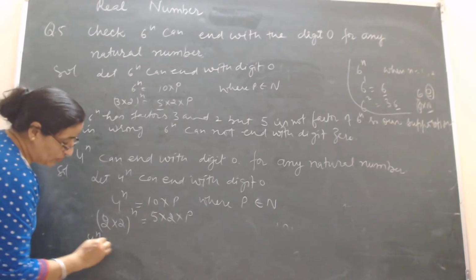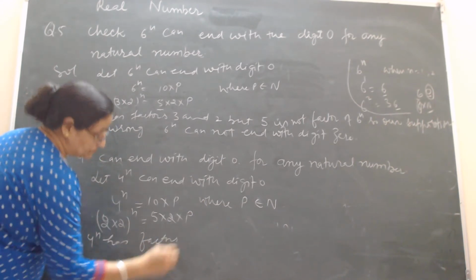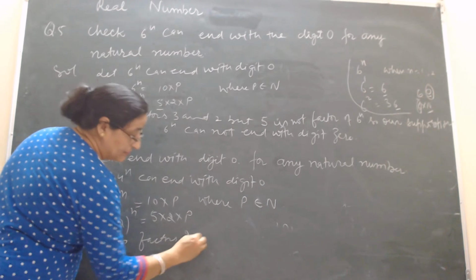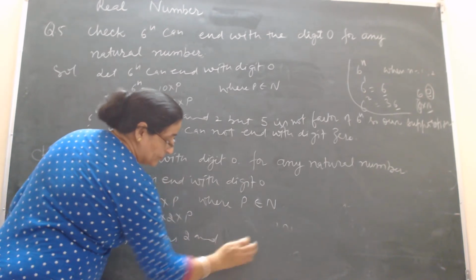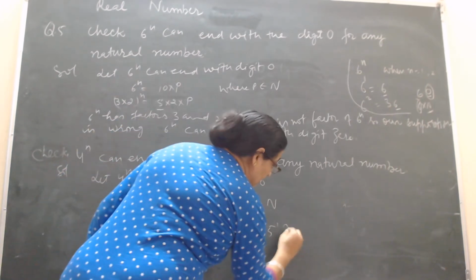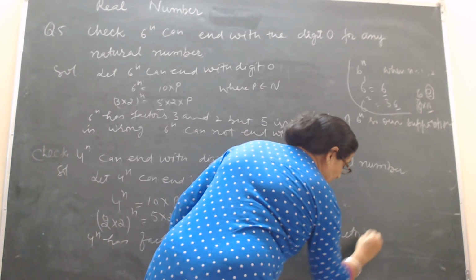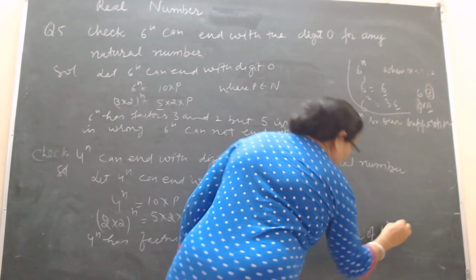You can write that 4 raised to power n has the factors 2 and 2, but 5 is not a factor of 4 raised to power n.